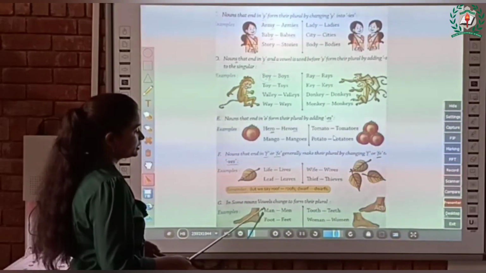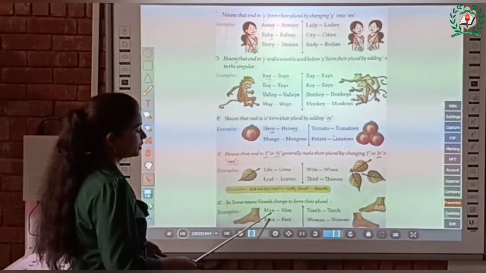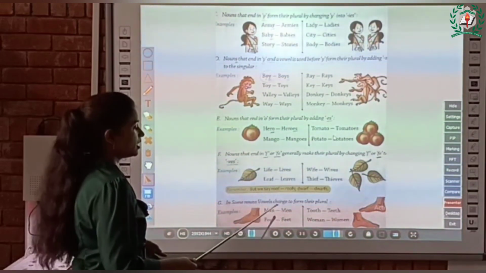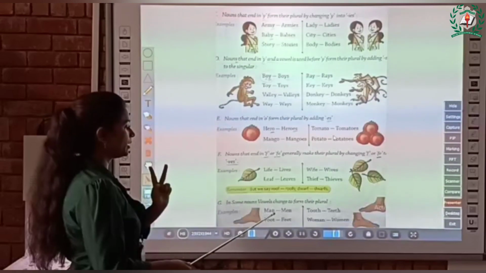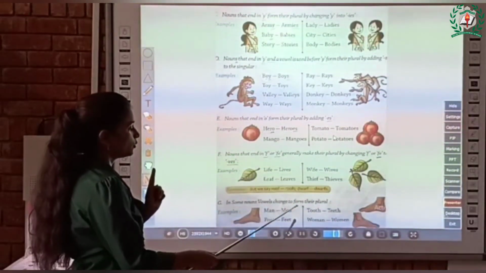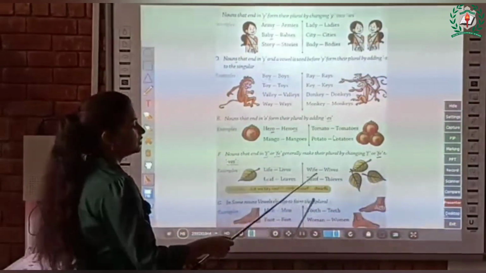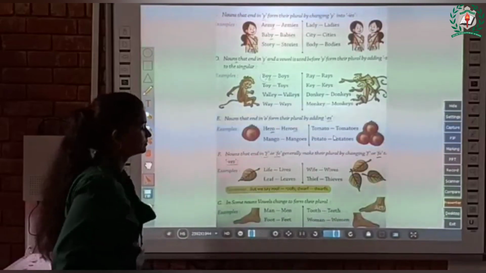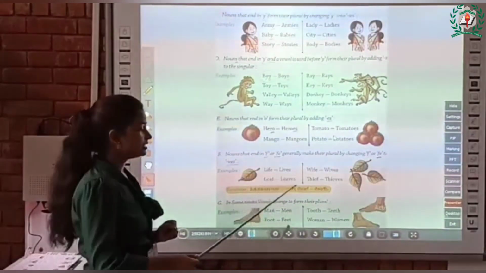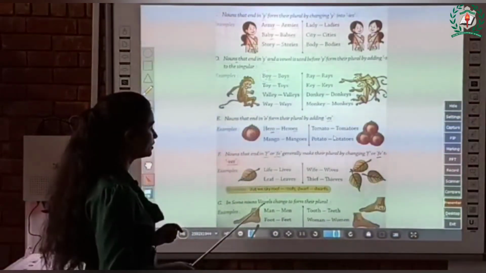So we change it into E and it becomes men. One man, two men. One foot, two feet. One tooth, two teeth. One woman, two women. So, in all these singular naming words, you only have to change the vowels.